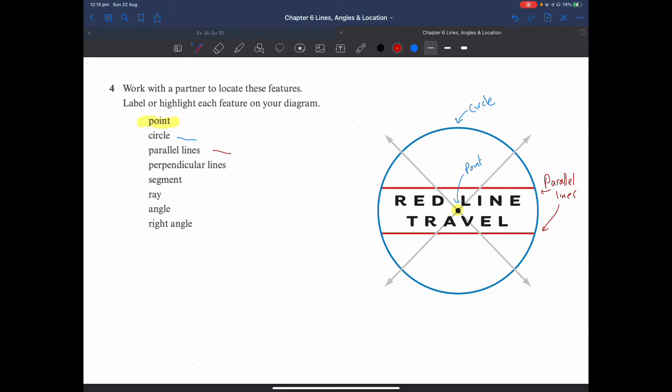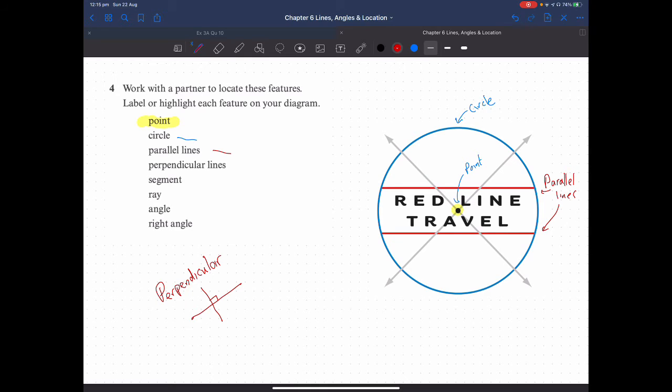The next thing it asks us for is perpendicular lines. What that means is you have two lines that cross each other at a right angle.